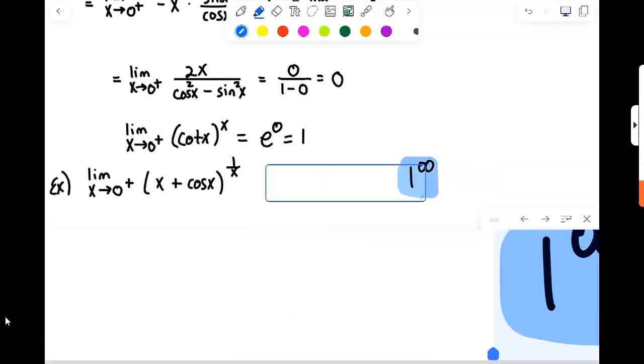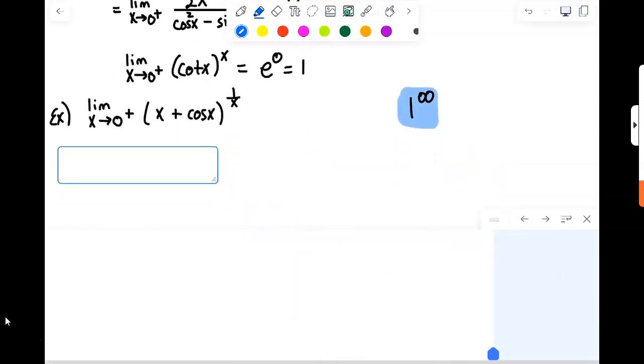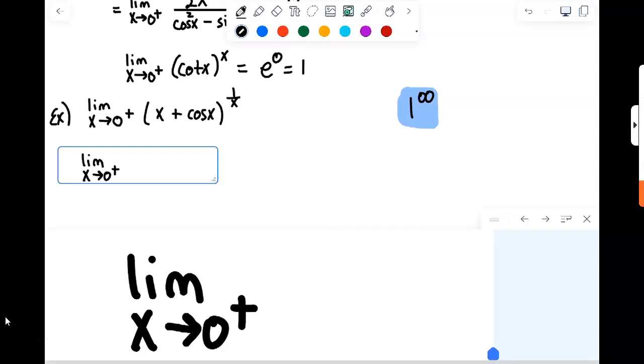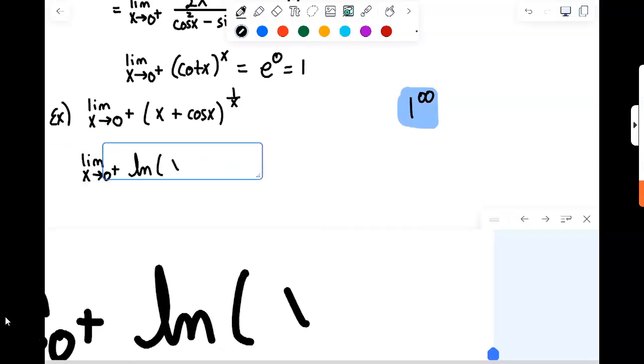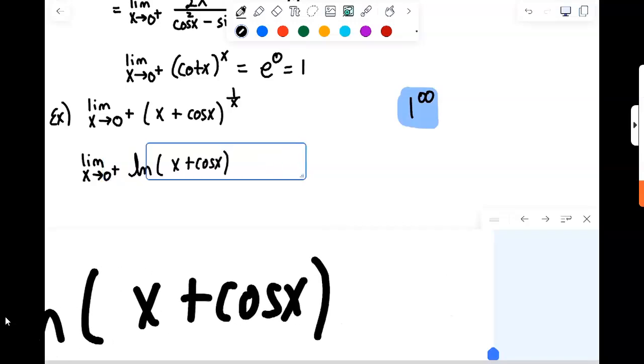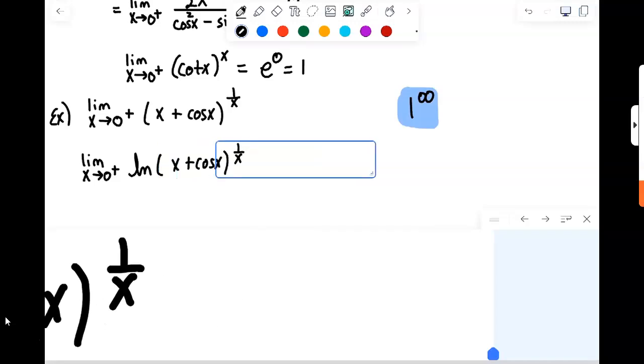So with all these exponential limits, we always begin by taking the limit of the ln function. Limit as x approaches 0 from the positive direction of the ln of x plus cosine x, all that to the 1 over x.